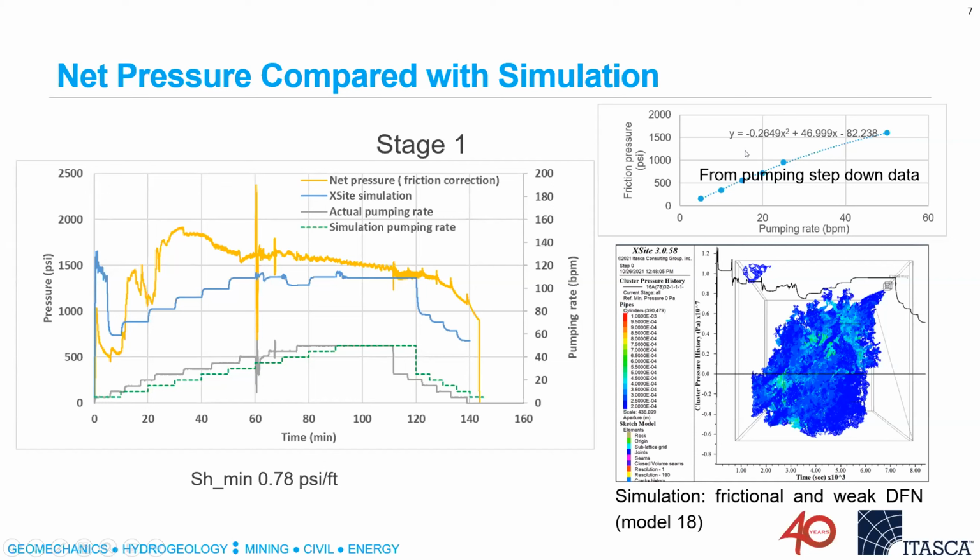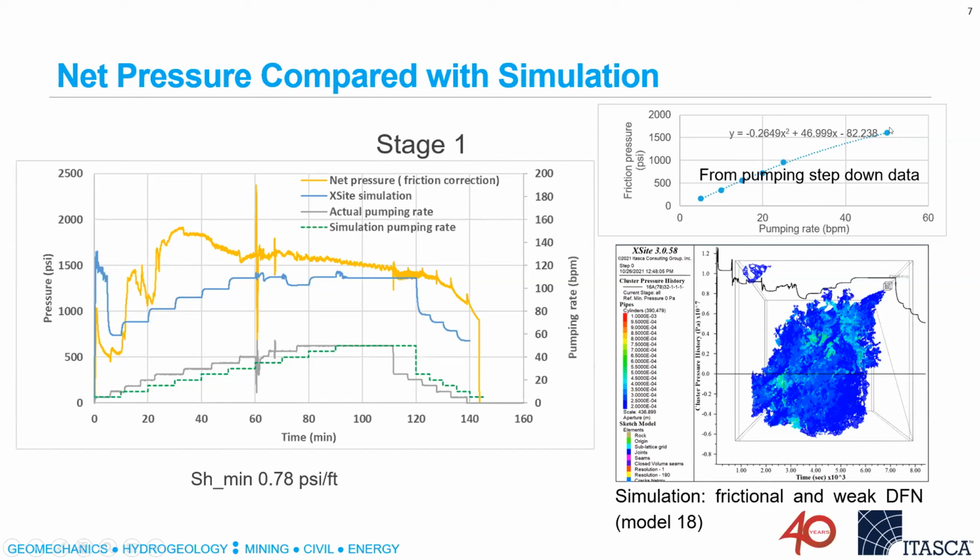Because we have the step down, after this peak pumping rate, we have rate step down. So each rate step down, the difference between the different rates is a friction. And you add them together, so you can get the friction at different pumping rates.